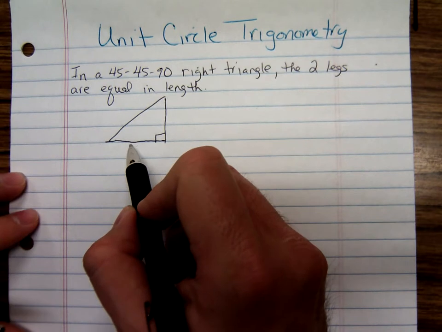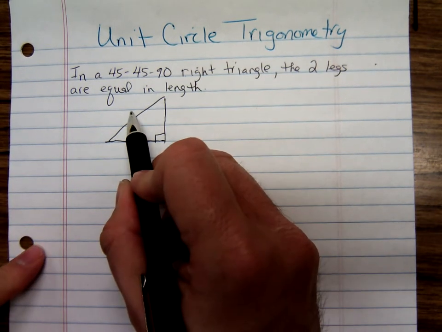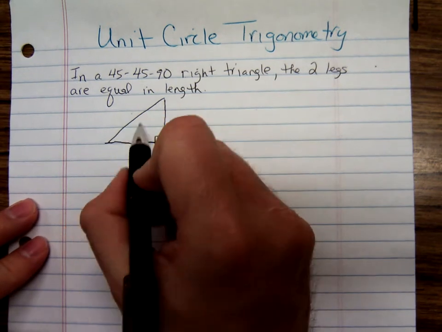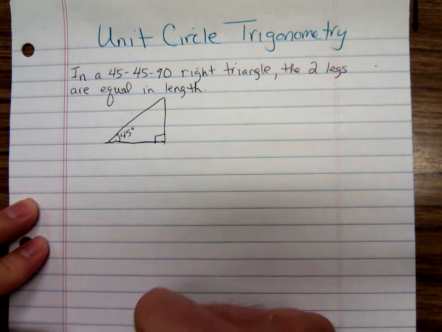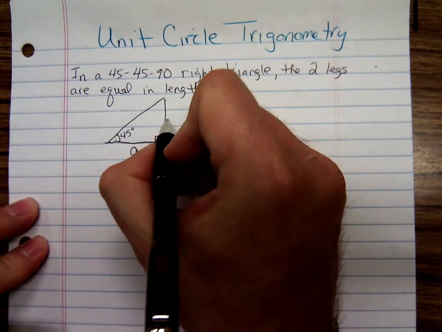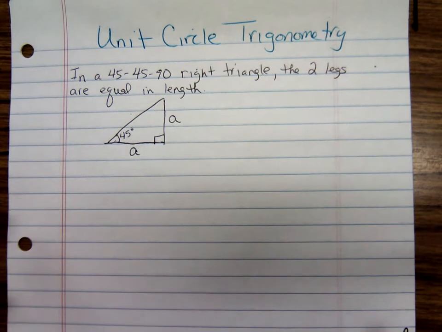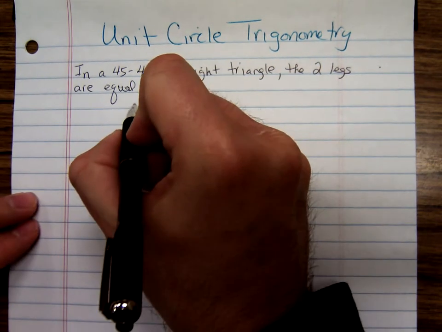Normally we say with the Pythagorean theorem, a squared plus b squared is c squared, but for a 45-45-90 right triangle, these two sides are the same, so I'll just call both of these a, or you can use whichever letter you want. And let's suppose that the hypotenuse here is 1.